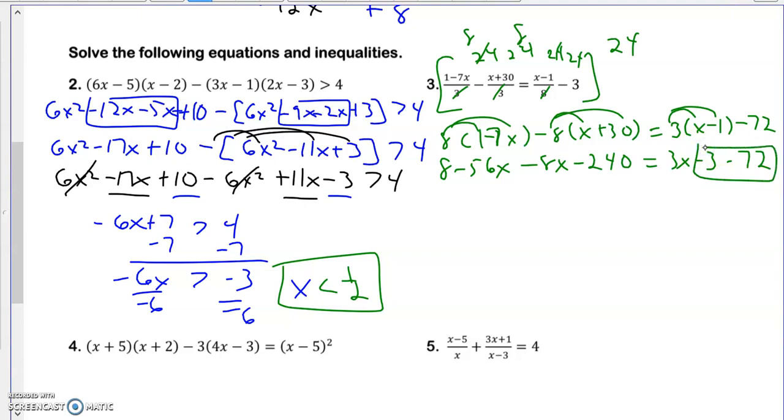I'm going to combine my like terms, and when I combine my like terms, I'm going to get a negative 232 minus 64x equals 3x minus 75.